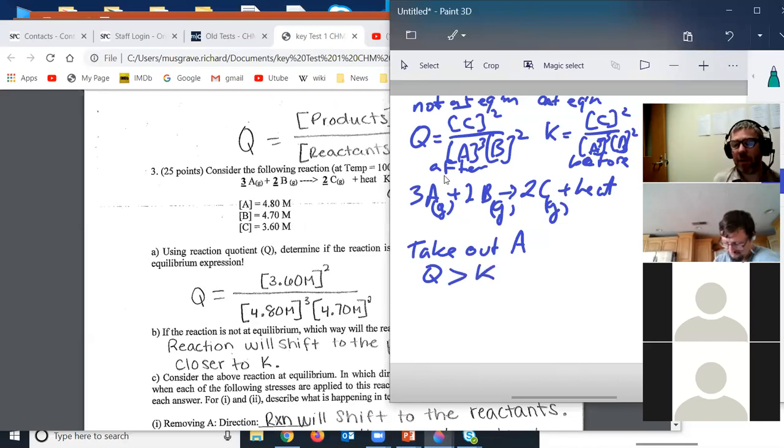I really want everybody to understand that. If I take A and this is at equilibrium, if this number goes down, I want you to understand that Q is going to go up. That's really what I want you to understand at this point. Is everybody okay with that? So if Q is greater than K, then the reaction's going to have to go towards the reactants in order to get to equilibrium.